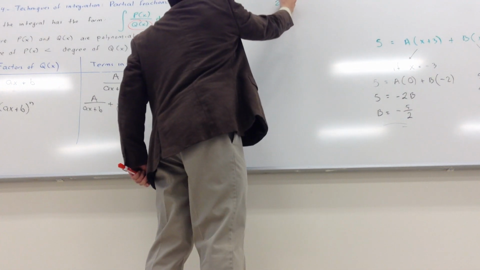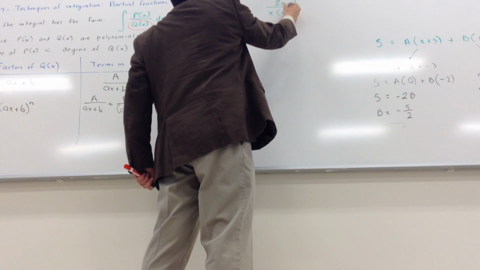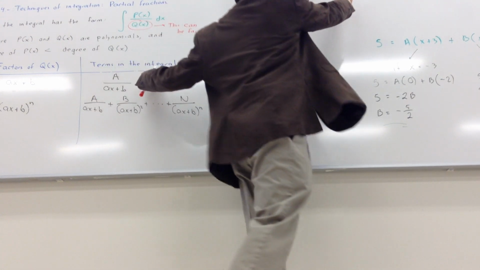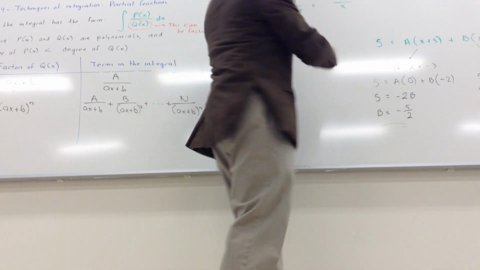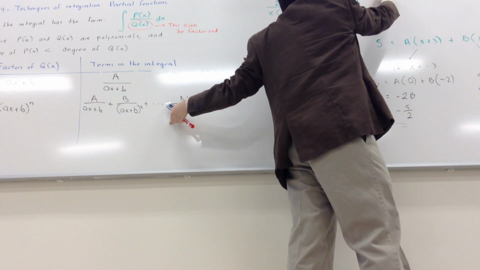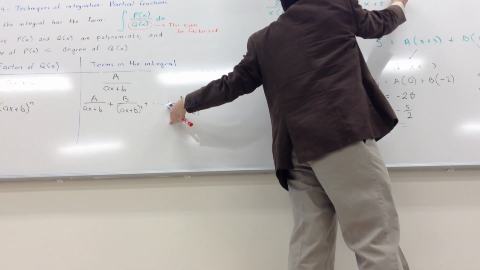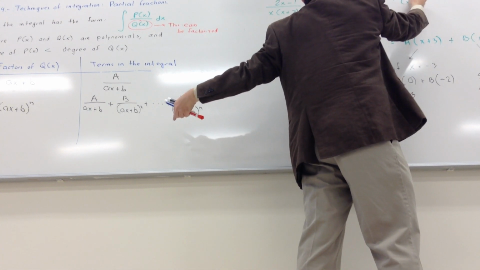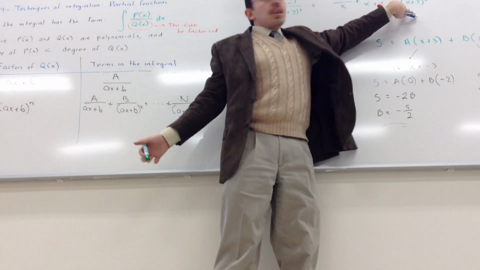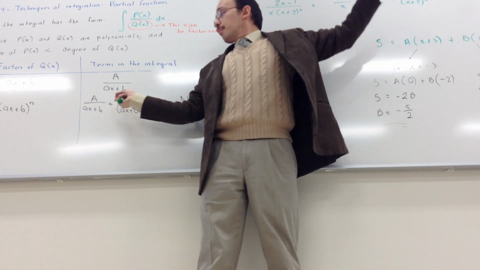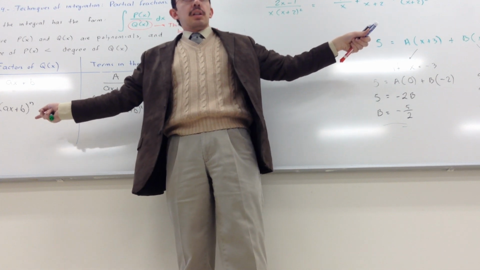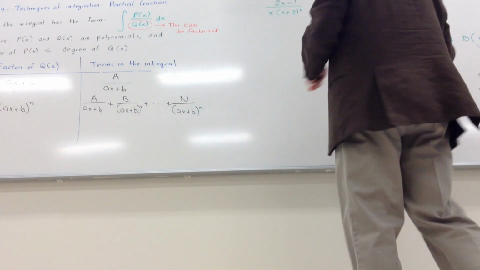It would be 2x minus 1 over x times x plus 2 to the square equals, according to these two cases, the first one would be a over x for a single factor, plus, according to this, b over x plus 2 plus c over x plus 2 to the square. Why? Because those two correspond to one per each power of the one that is repeating itself. Then what? Same procedure.